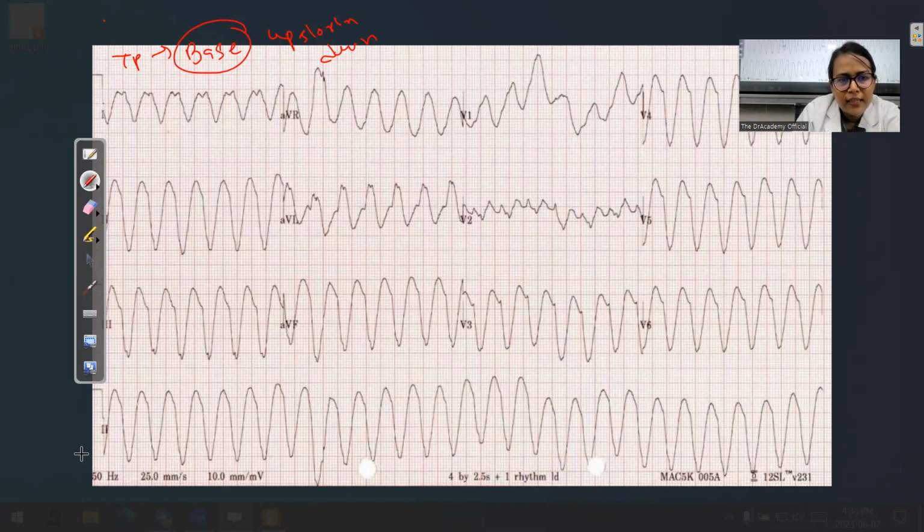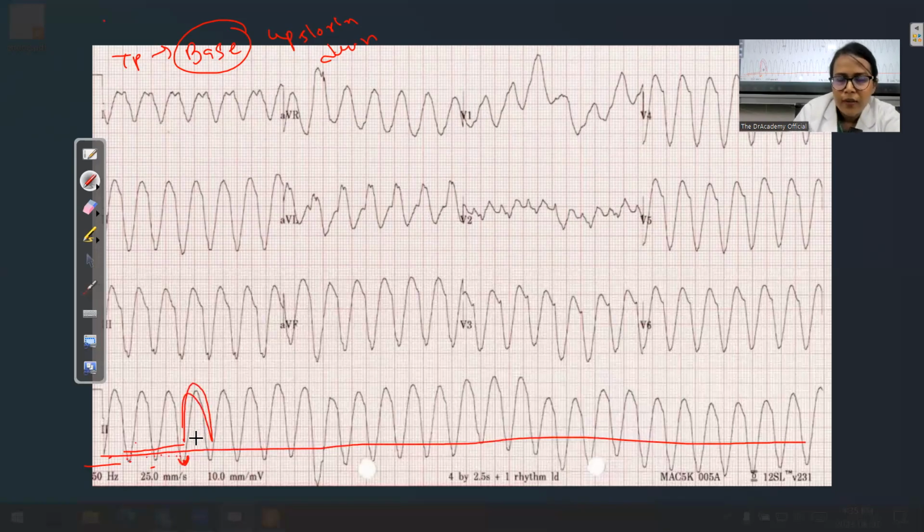We are seeing that most of these beats are taken from a single line. If this is the TP segment or the baseline, compared to the downward deflection, you can see the upward deflection is more. Do you agree with me? If you remember the normal P, this is the Q, this is R, this is S, and that's T, right?